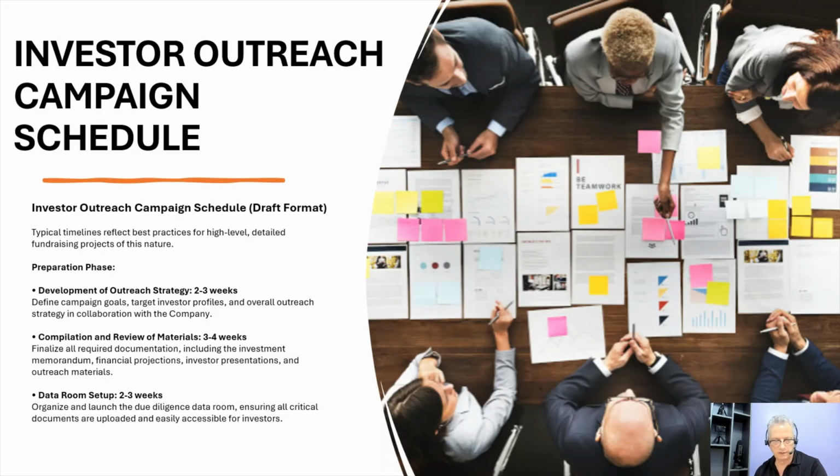Preparation phase, the development of the outreach strategy could take 2 to 3 weeks. That's where you define campaign goals, target investor profile that I just touched on, overall outreach strategy in collaboration with the company. For example, everybody is a salesperson for the company that works in fundraising, and that may seem a bit of a casual statement, but it's very true. The founders and the principals are going to be reaching out to people.